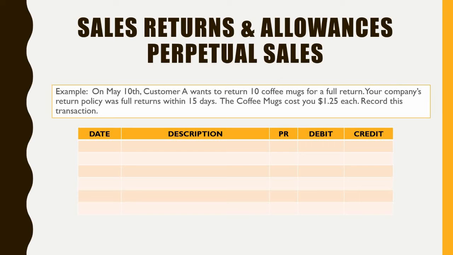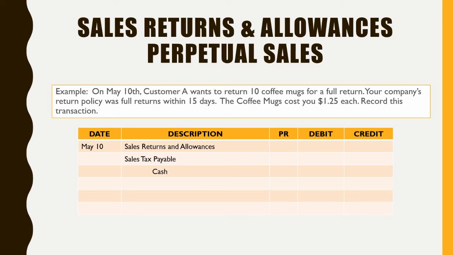We see it on our receipts every time we return a product. It gives you a line item that says, here's your original purchase, or here's your original sales, this is your discount or this is your refund, and you have it separate. That's the same idea here, where we have to recognize that we are going to be giving a refund. We also have to recognize that we have to give a portion of the money back.